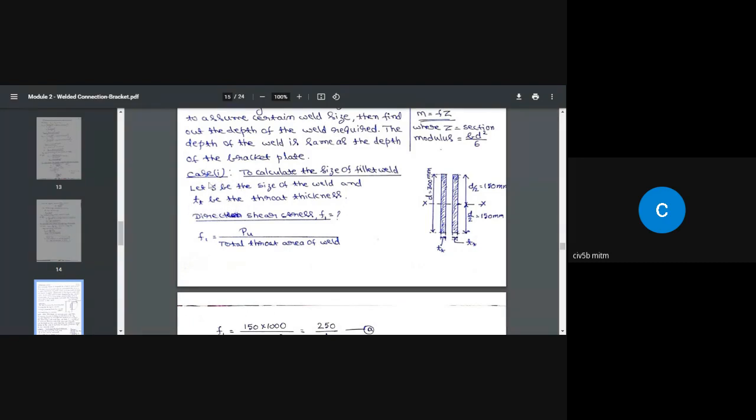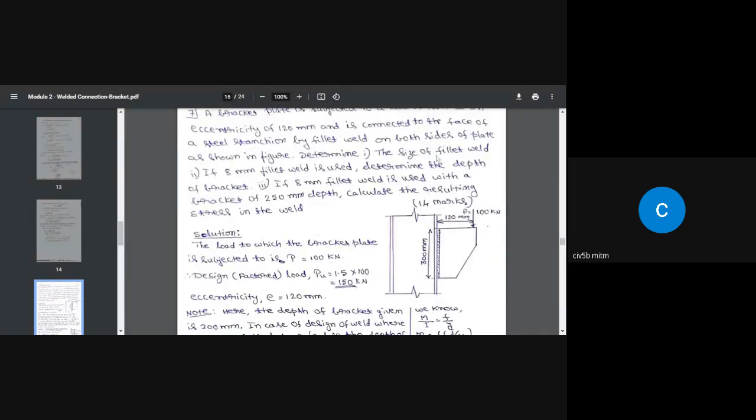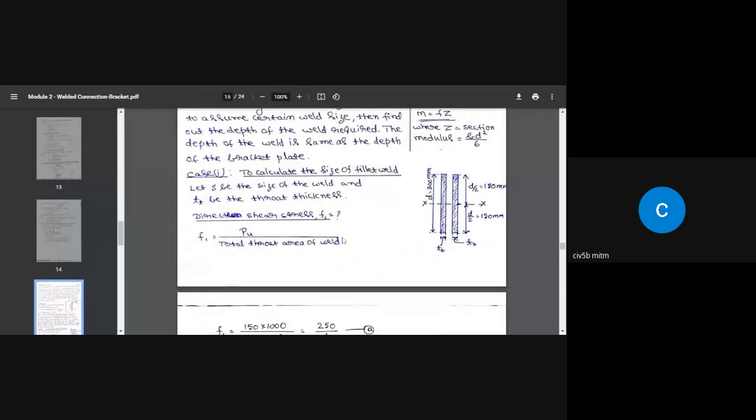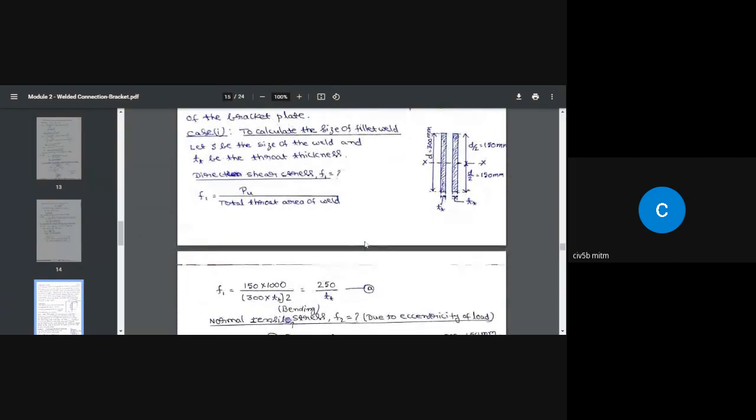Here we need to find out the size of the weld in the first problem. We are going to call that S and TT. So we'll find out F1 first. F1 is PU divided by the throat area of the weld. What is PU? 150 multiplied by 1000 to convert the value into Newton.